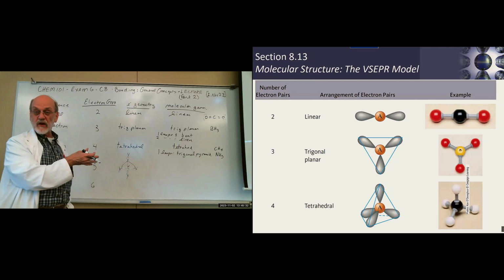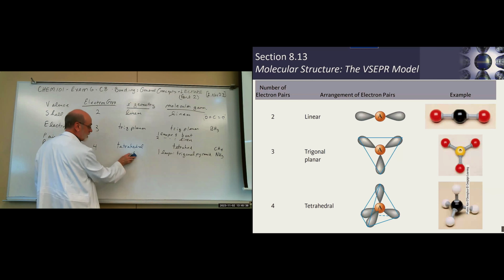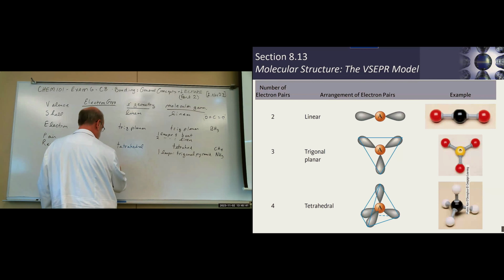Now, some of those might be lone pairs, but if they're all occupied with atoms, of course, you're going to have a trigonal bipyramid. Okay. Let's see. We're on the next slide. There we go. Trigonal bipyramid.